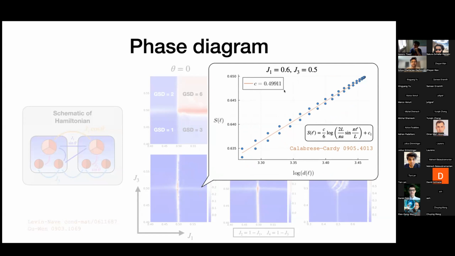That gives you some evidence that indeed these are the transitions that you expected them to be. And you can do that for every point on these lines and convince yourself that they are indeed Ising and Potts CFTs. And you can even do that at the multi-critical point, and you get a central charge of 1.3, which is the sum of 0.8 and 0.5. So indeed, it is the stacked CFT of Ising and Potts.